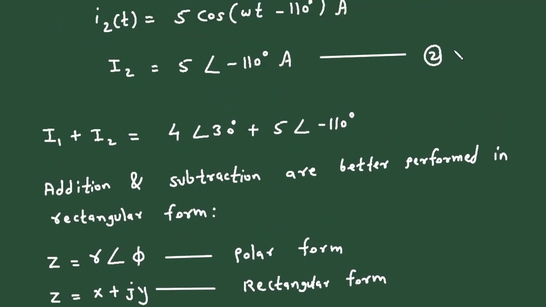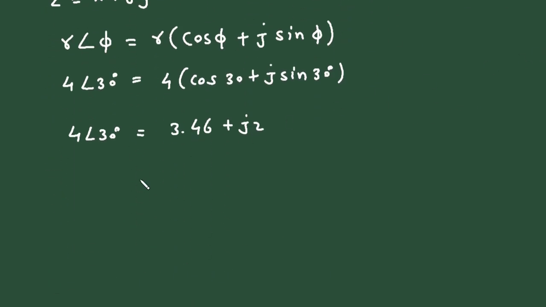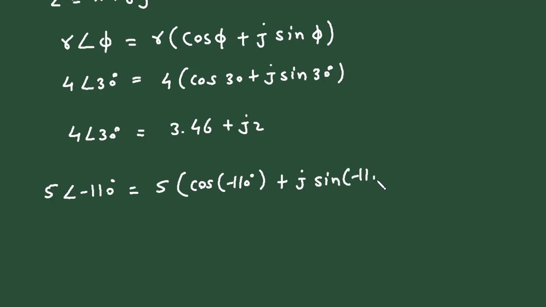Now we will do the same for 5 at an angle minus 110 degree. It is equal to 5 cos minus 110 degree plus j sin minus 110 degree.